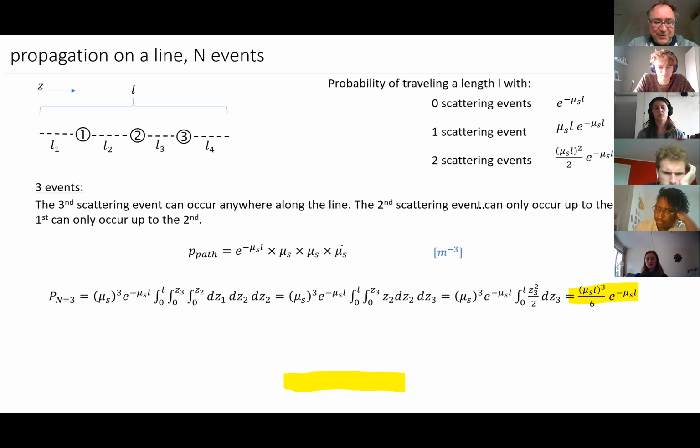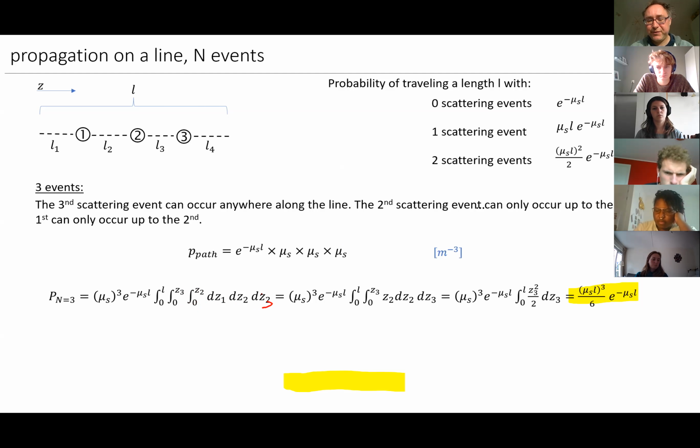The concept is the same as before. So we have an integral over Z1 that can run up until Z2, inside an integral over Z2 that can run up until location Z3, and then the outer integral over Z3 runs from 0 to L. Starting from the inside out, we can work this integral.